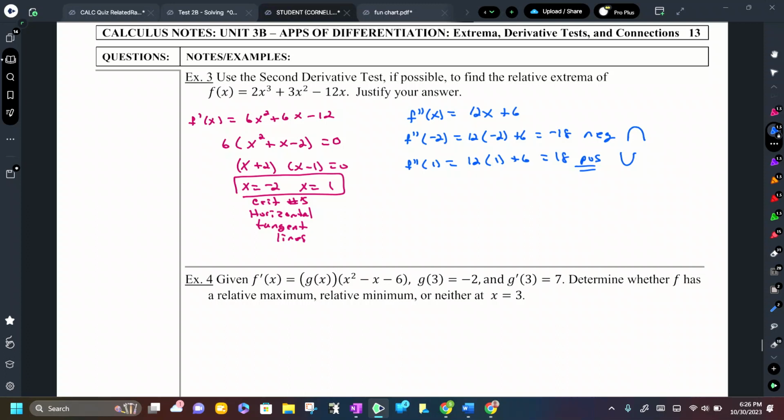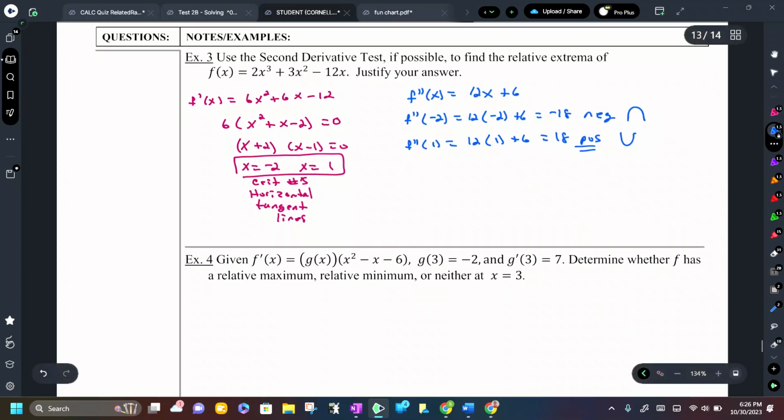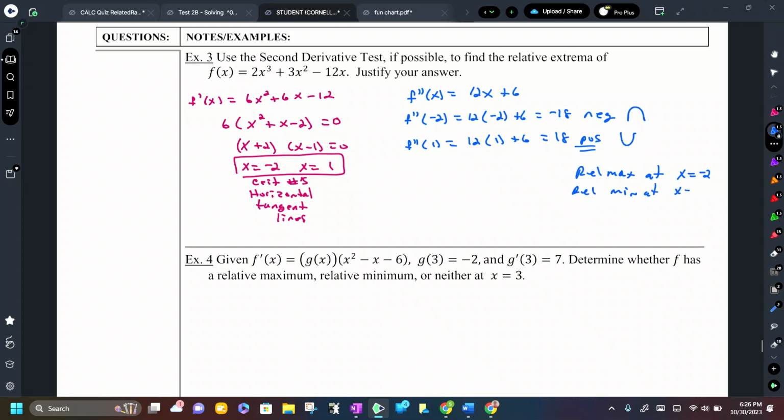So we could also build a table of values for this to try and figure out what's going on, and I did that in the notes. Instead of me building the table of values like I did in the notes, I'm going to let you look at that just to save time. So we have a relative max at x equals negative 2 and a relative min at x equals 1.